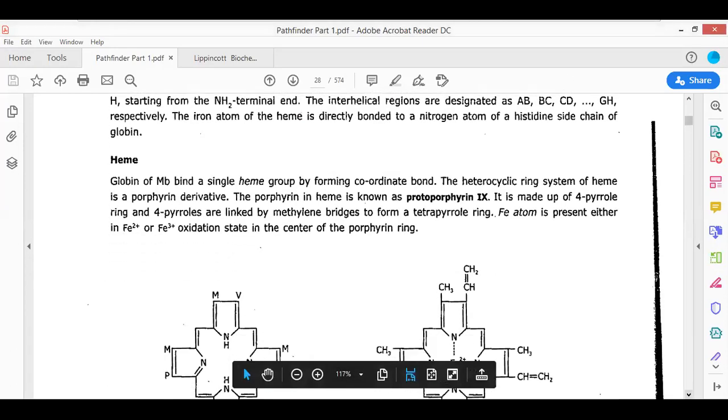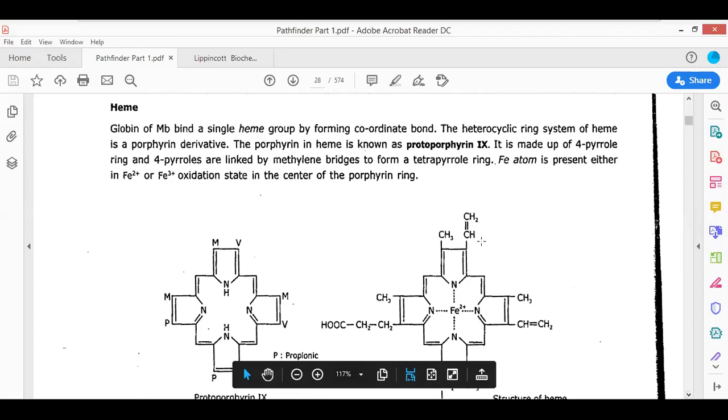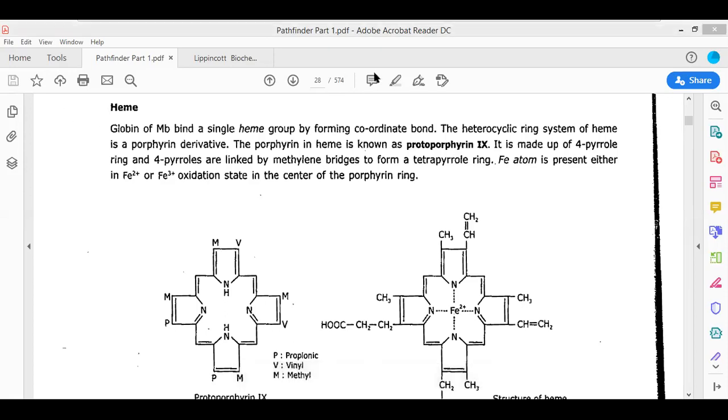Now when you look at the structure of the heme, you look at this complex structure. This is the structure of the heme which is present. Now when you are looking at the structure of the heme and the globin protein here, see, myoglobin has a single heme group coordinately bound by 4 pyrrole rings. These are the 4 pyrrole rings which are present, and there is the iron molecule.